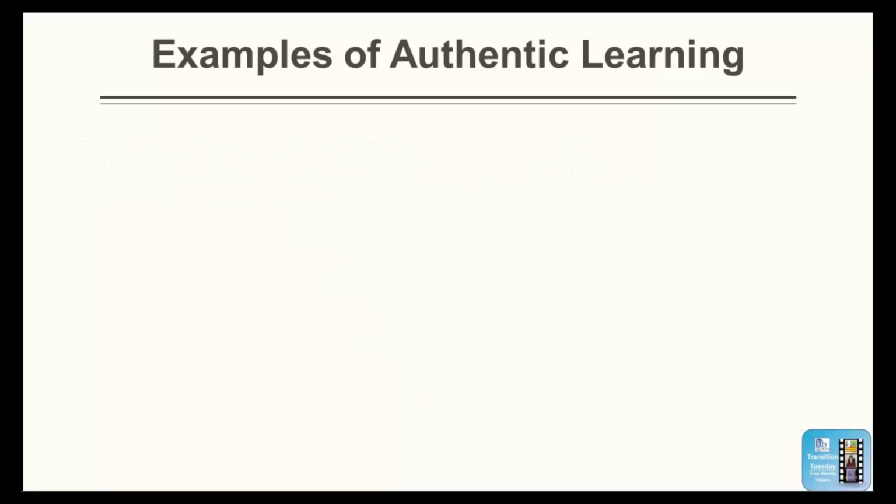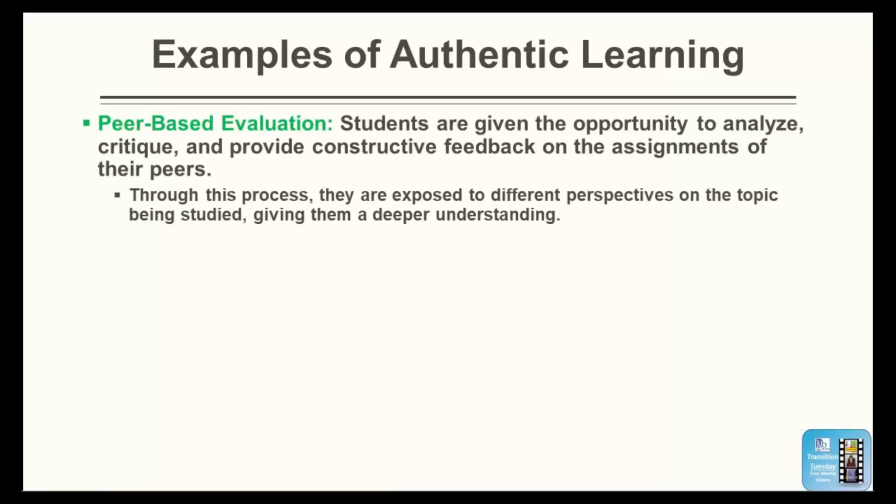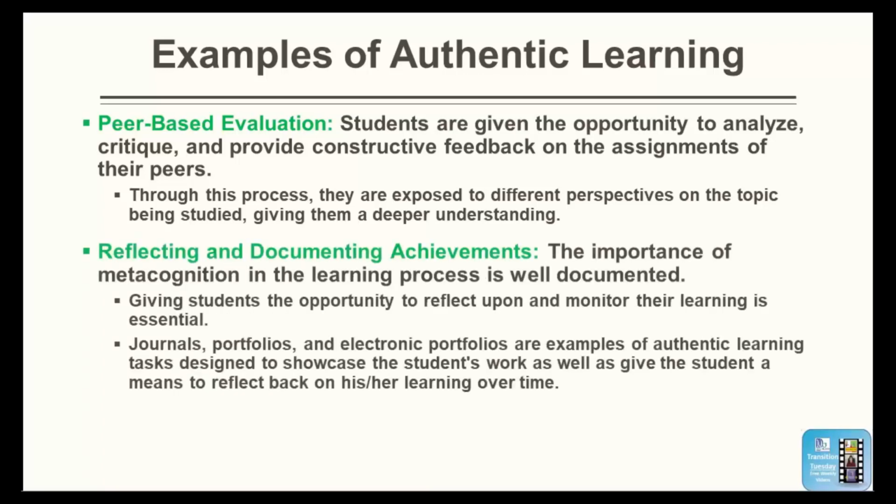Other examples of authentic learning include peer-based evaluation. Students are given the opportunity to analyze, critique, and provide constructive feedback on the assignments of their peers. Through this process, they are exposed to different perspectives on the topic being studied, giving them a deeper understanding. Reflecting and documenting achievements.